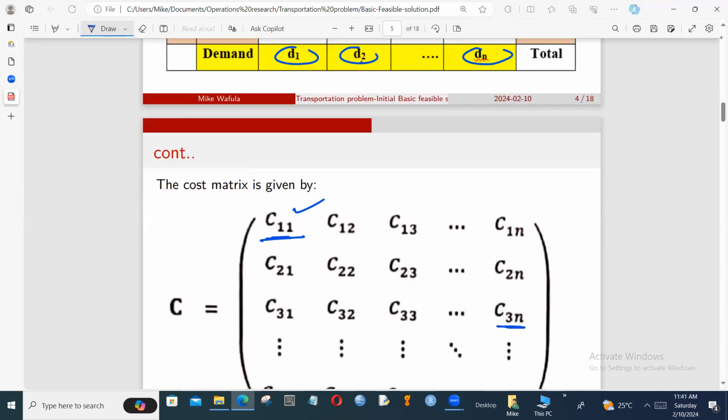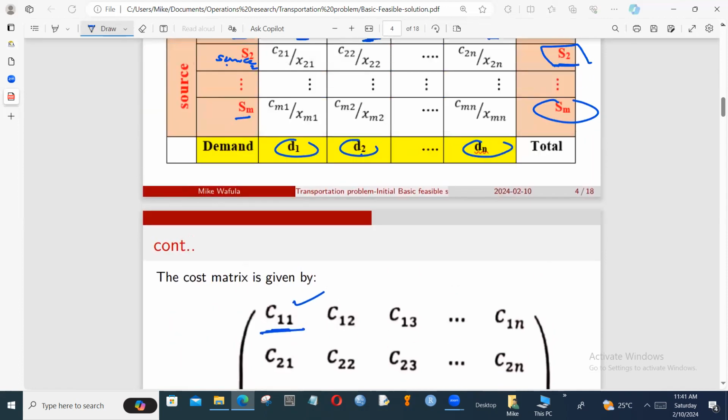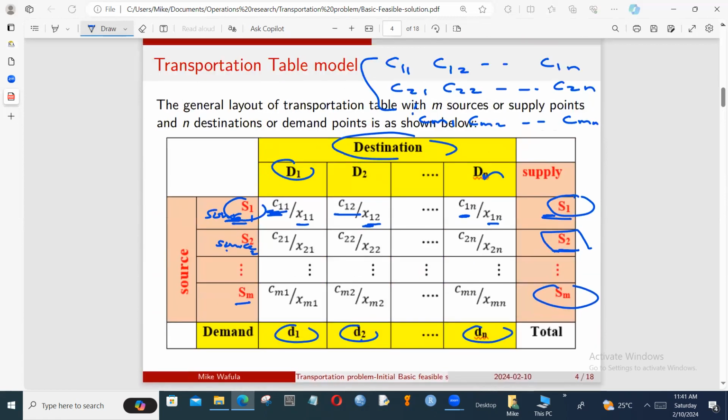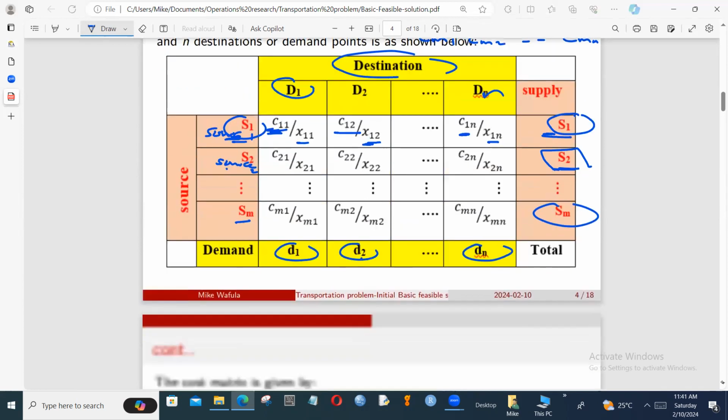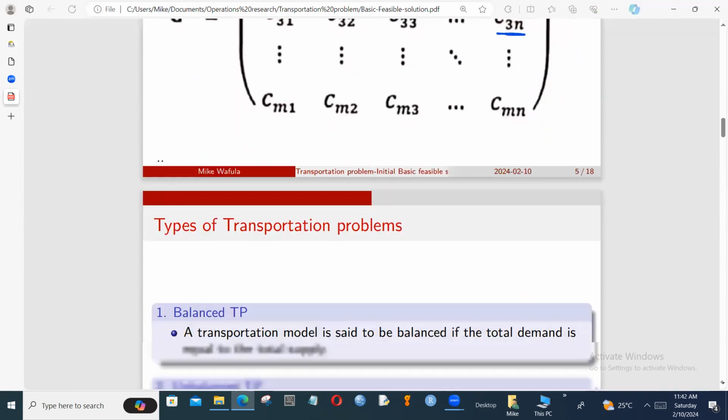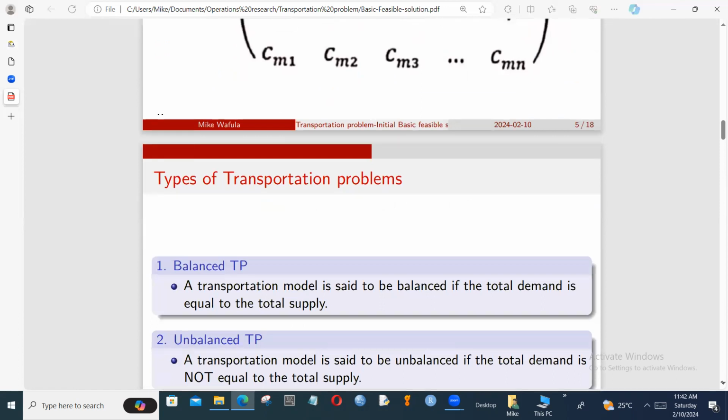Now, knowing what a transportation problem is and the typical layout, we also have to know the various types of transportation problems. You'll encounter two kinds of transportation tables.